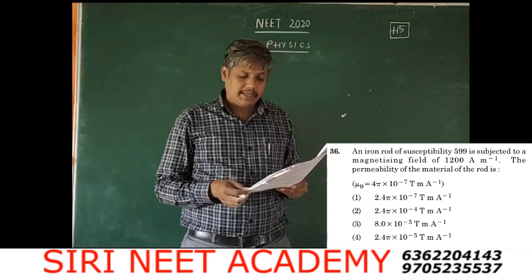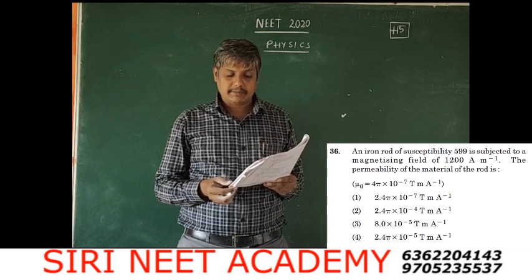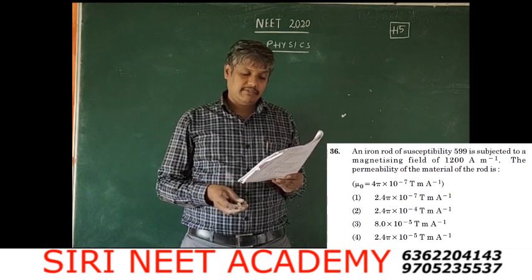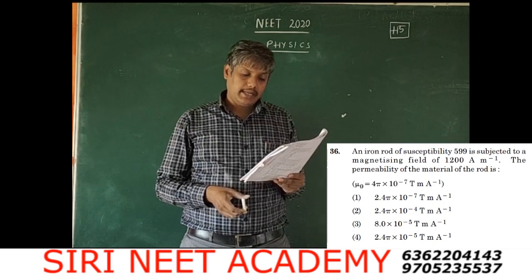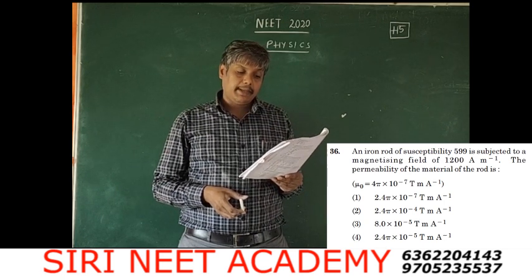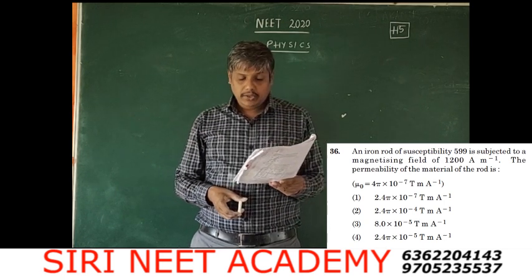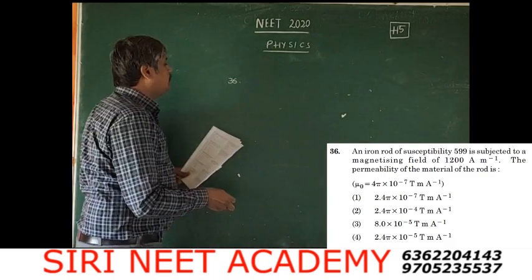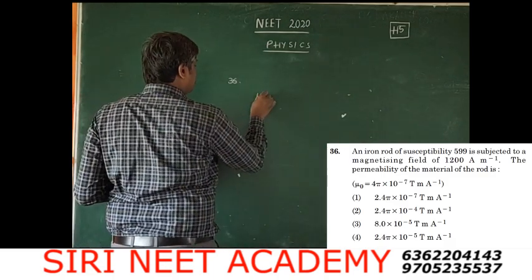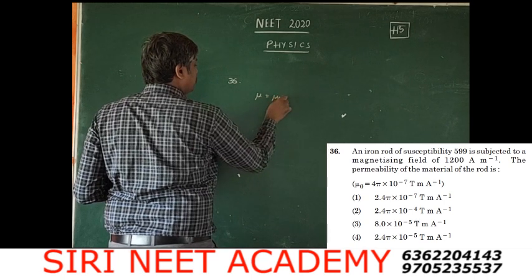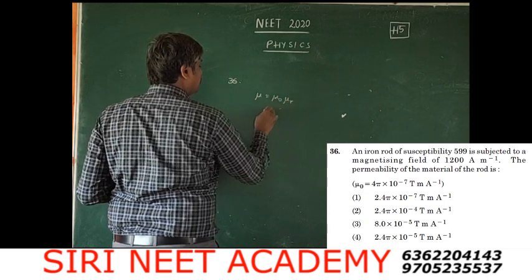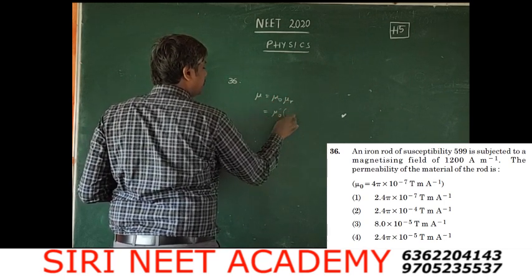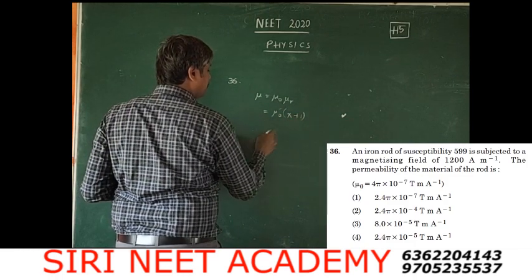A nylon rod of susceptibility 599 is subjected to a magnetizing field of 1200 ampere per meter. The permeability of the material of the rod is. We know that mu is equal to mu naught mu r, that is equal to mu naught into (chi plus 1).